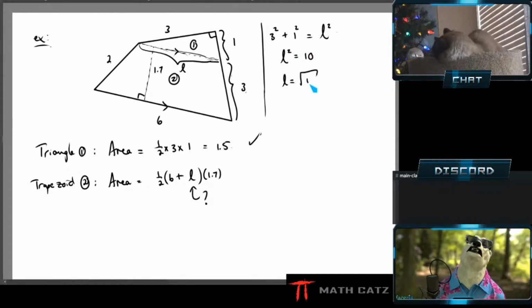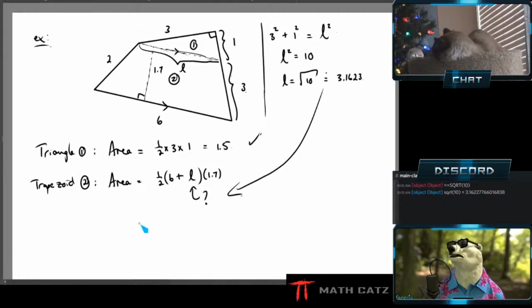And L is the square root of 10, which is not something I know off the top of my head. Maybe you knew. Of course, it was 3.16, right? Or 3 if I round it. But I will use it in the future, so I won't use a rounded number for that.